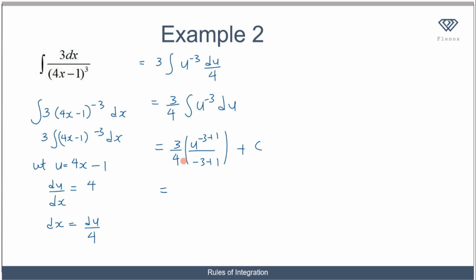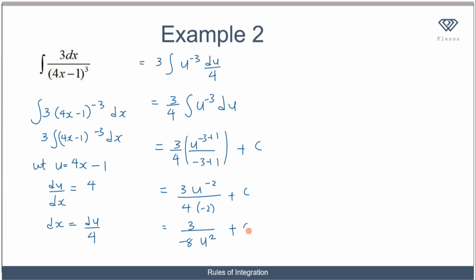So what does that become? I have 3u to the power of minus 2 over 4 times minus 2, then plus c, and that becomes what? 3 over 4 times 2 gives me minus 8, and this is the same thing as having u squared underneath, because u raised to the power minus 2 is the same thing as the reciprocal of u squared.